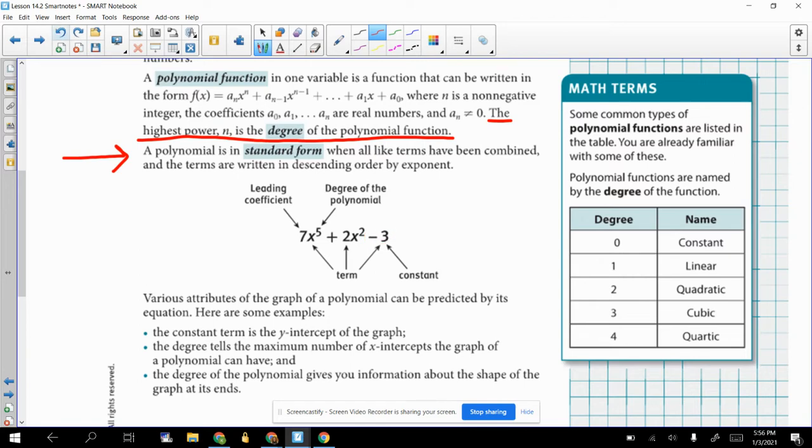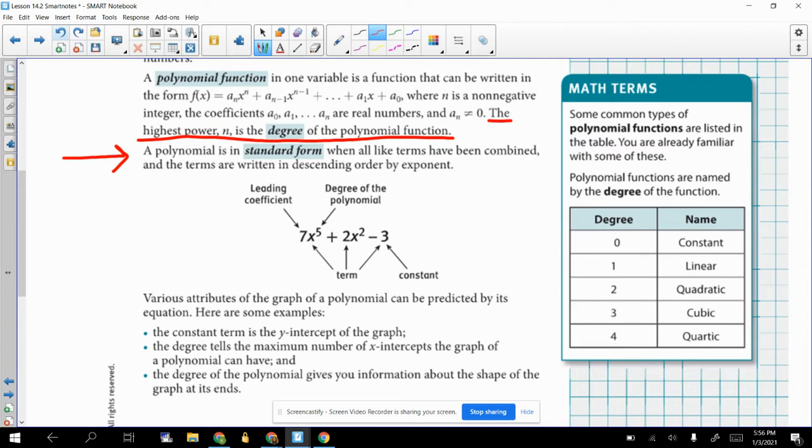And then what might be new here is that whatever your first term is, the number out front is your leading coefficient. And on the first term as well, whatever the exponent is, or the highest power, that is the degree of the polynomial, okay? And we're going to refer to the degree of the polynomial quite often, so that's an important term to know, okay?